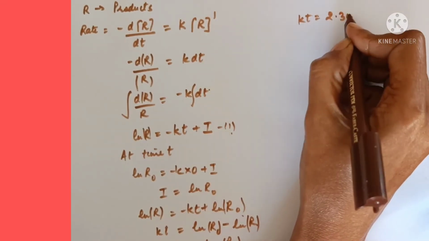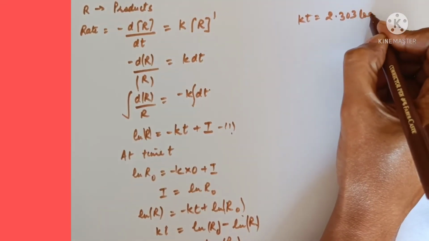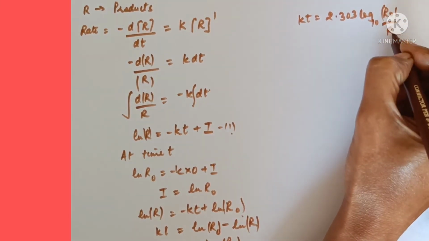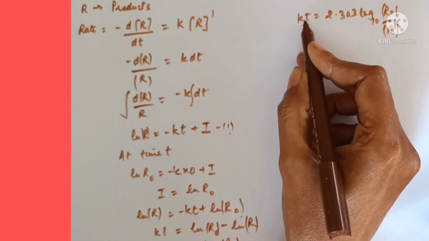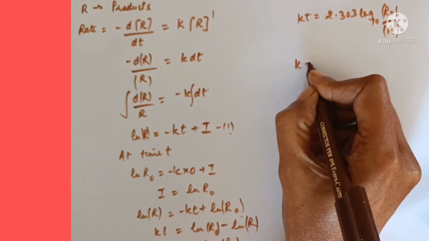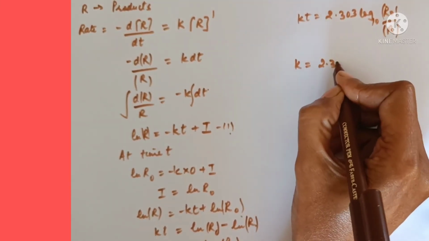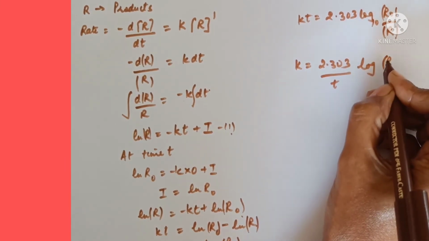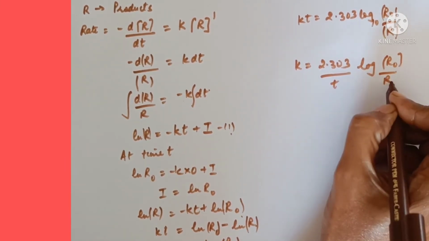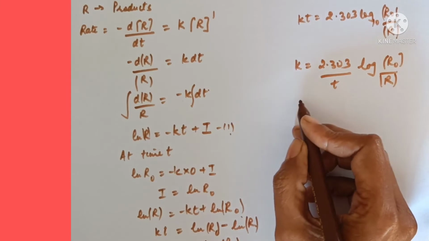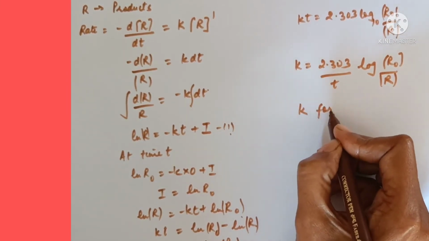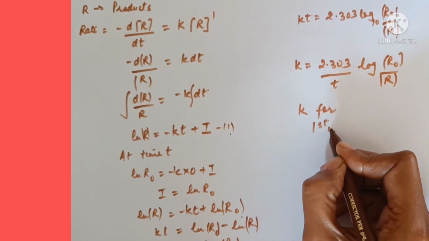So we get kt is equal to 2.303 log to the base 10 [R]0 upon [R]. Taking t to the other side, we get K is equal to 2.303 upon t log [R]0 upon [R]. Now this is the equation for rate constant for a first order reaction.